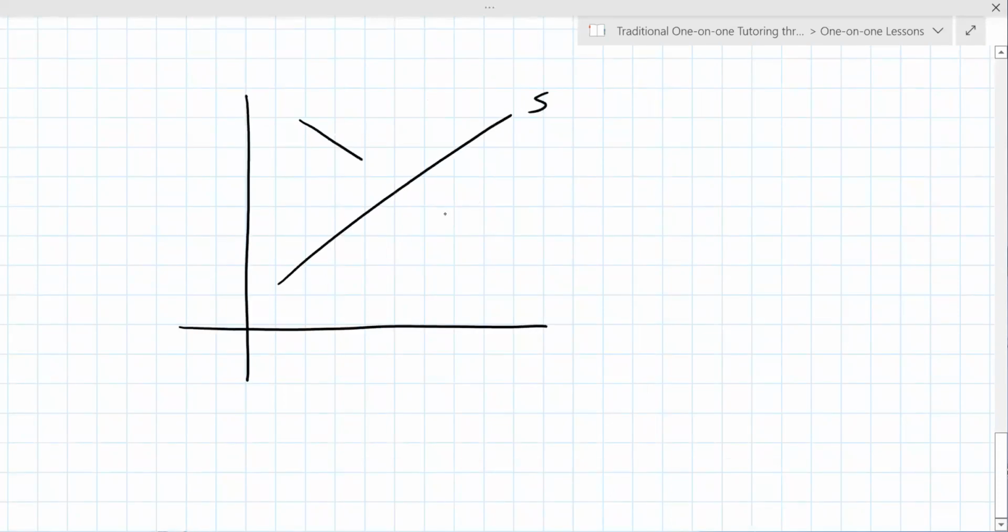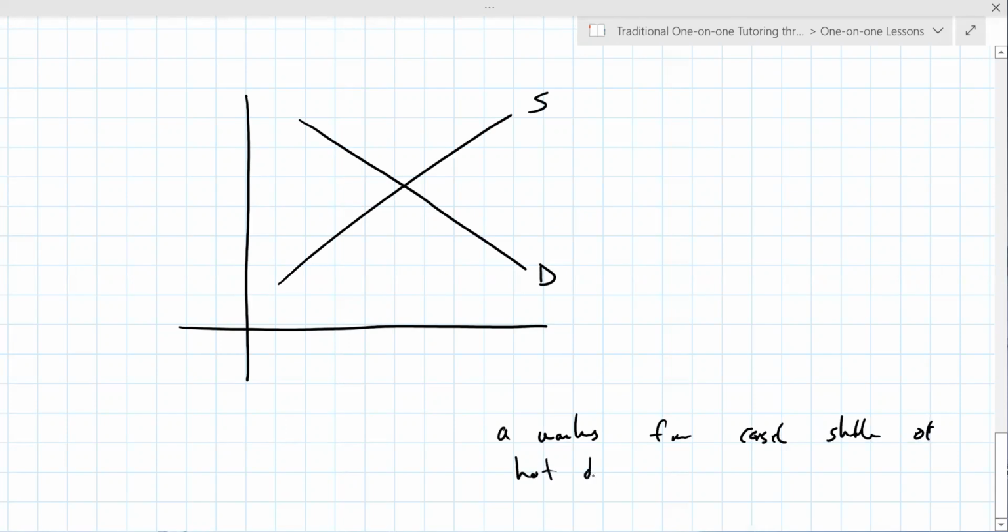Okay, so now we can do the same thing with supply. What would cause supply to decrease? So they often use, and I'll just use the typical example, they'll say a warehouse fire caused the shutdown of the hot dog plants.